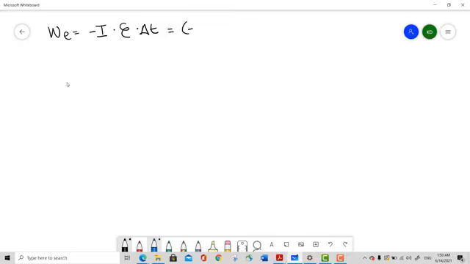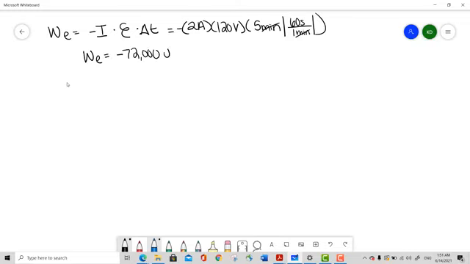So we're just going to plug it in. 2 amps times 120 volts times 5 minutes, and let's go ahead and convert that into seconds. Which ends up being electrical work of negative 72,000 joules or negative 72 kilojoules. Okay, so we've got the electrical work there.